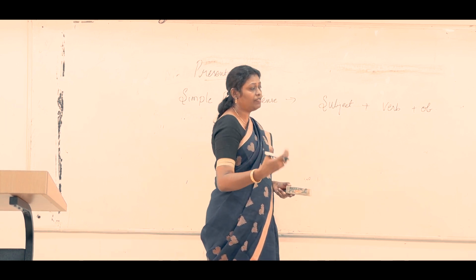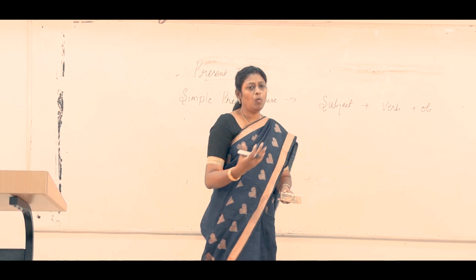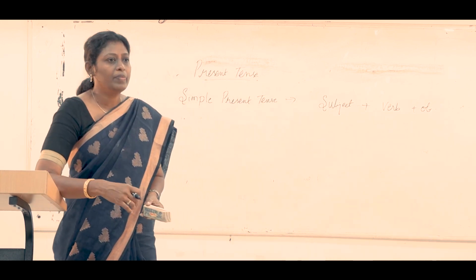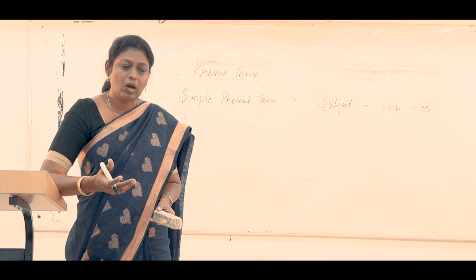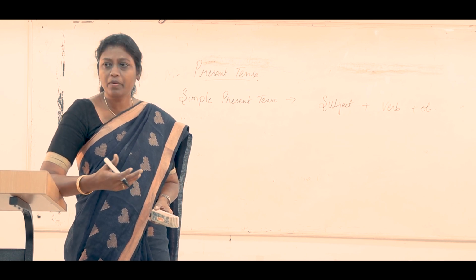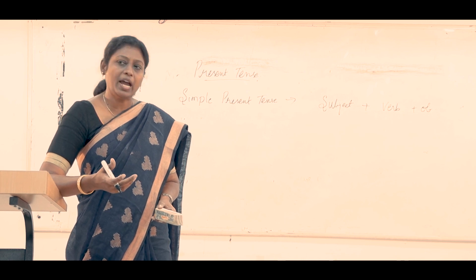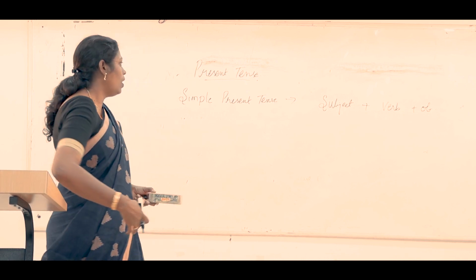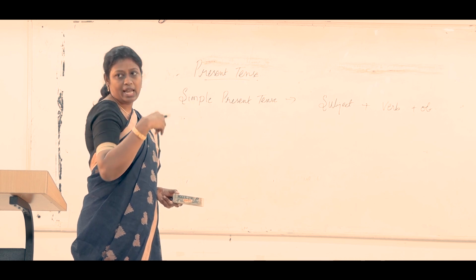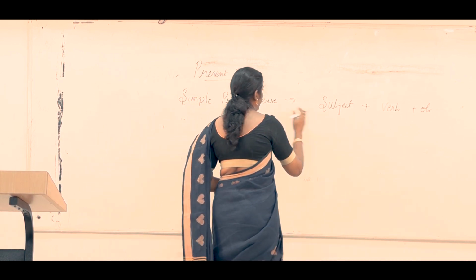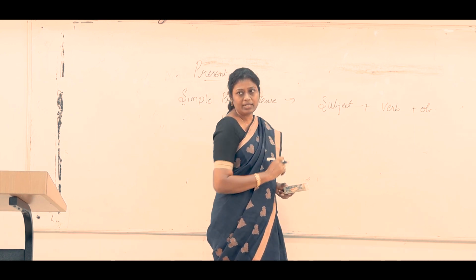If you have to talk about simple present tense, what did I say? Simple present tense is used to talk about habitual actions, to state universal truths or scientific facts, or already pre-planned actions. All these things can be said using simple present tense.